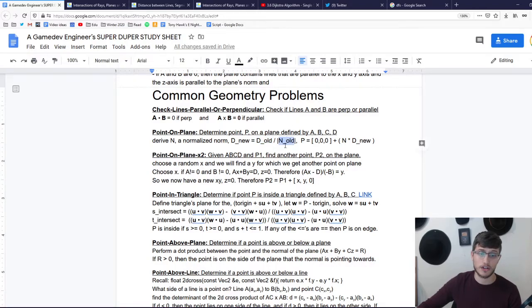So you're going to have to scale the old n before you divide it. That's why you need to get the new distance from the origin, because of course that's going to change if you normalize your norm. This is why when you save planes in data, it's better to just normalize the norm once, and then you don't have to worry about this nonsense process. But something to keep in mind if you want to pass your interview.